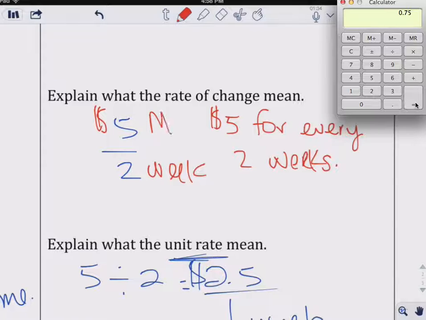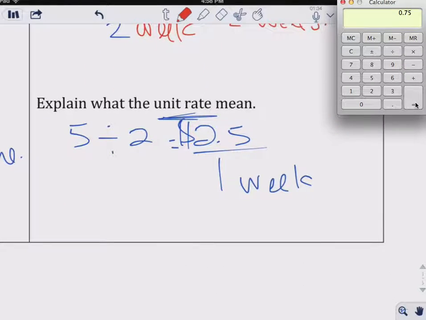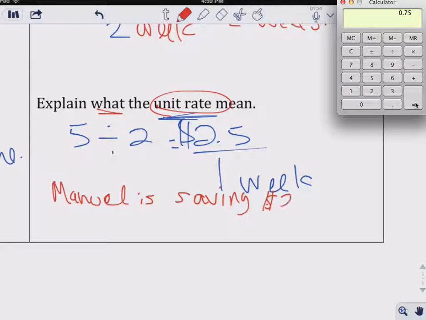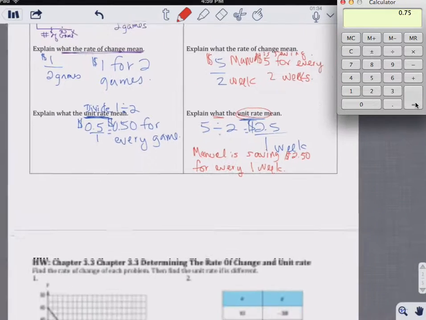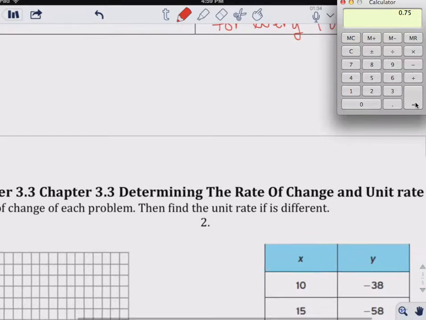So Manual is saving $5 for every 2 weeks. So if you know that, the unit rate then is $2.50. Manual is saving $2.50 for every 1 week, or just for every week if you want to write it like that. Okay, every 1 week is redundant.